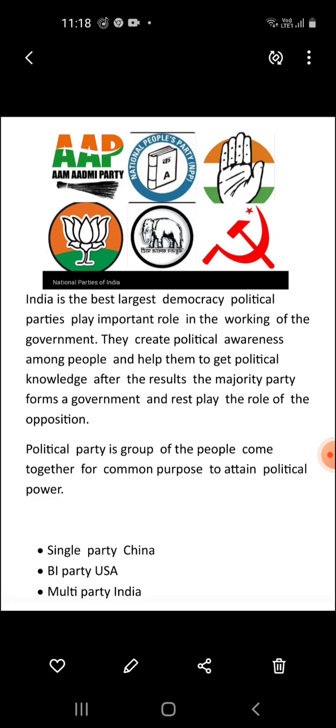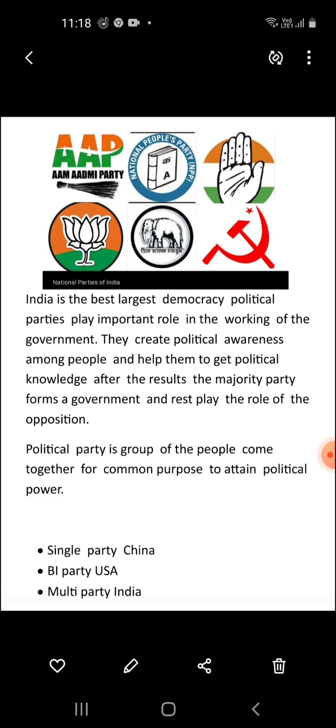In tomorrow's class, we are going to study in detail the features of the political party and functions of the political party. You will get a question in the examination, basically in PUC second year and BA: explain the determinants of the voting behavior.